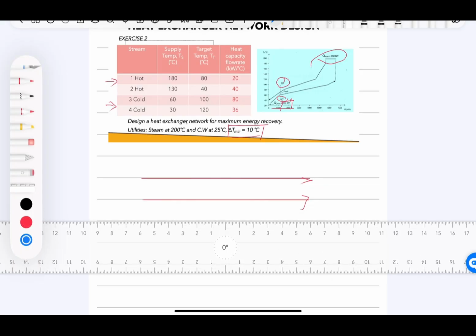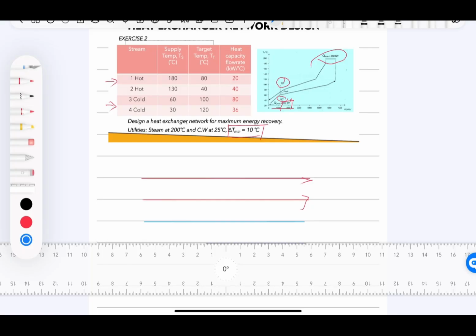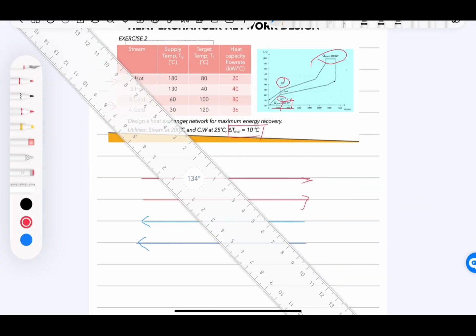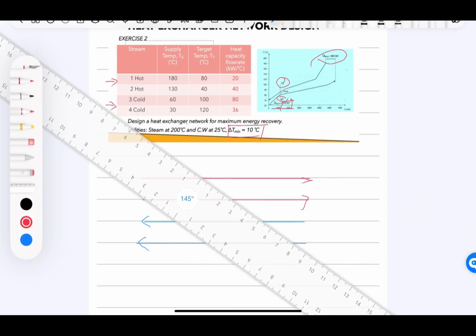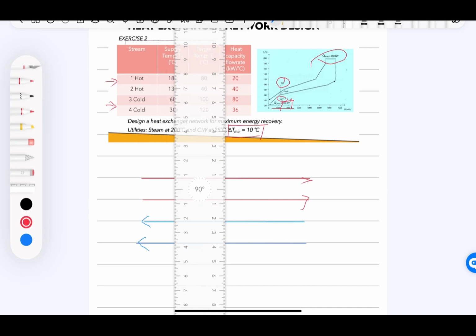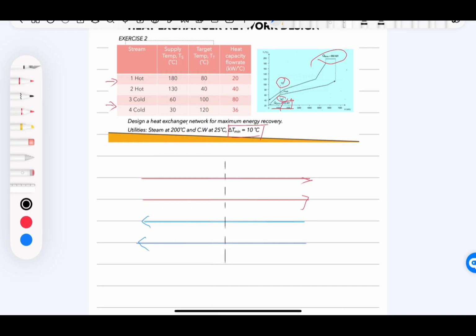And now let's mark the pinch point. So I'm using the black color. The pinch temperature for hot stream is 70 degrees C, and the pinch temperature for cold stream is 60 degrees C, as given here.